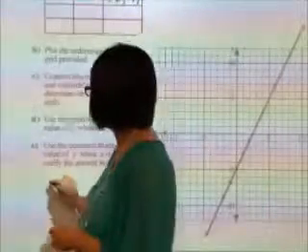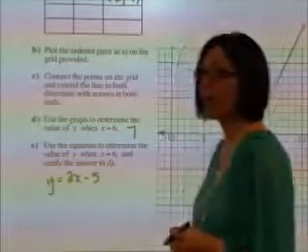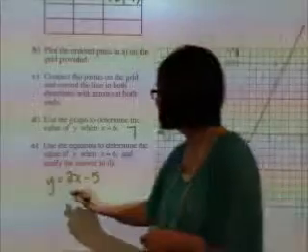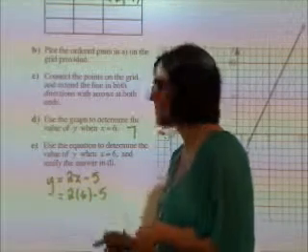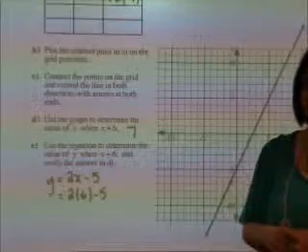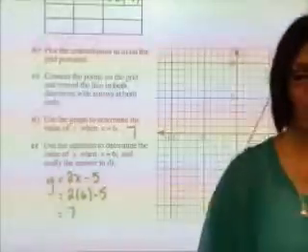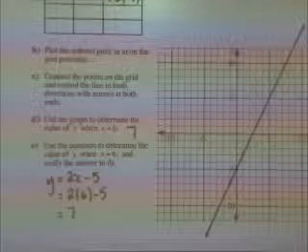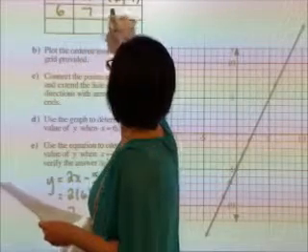My equation was y equals 2x minus 5. When x equals 6, I have 2 times 6, which is 12, and 12 minus 5 is 7. So we have verified the answer. Then part F says write the value of y when x equals 6 into the table of values. So that's right here.